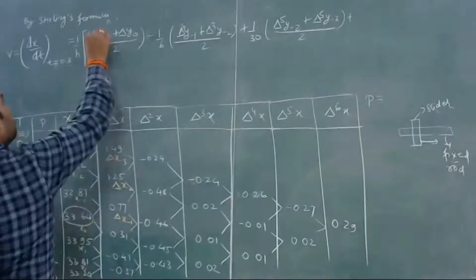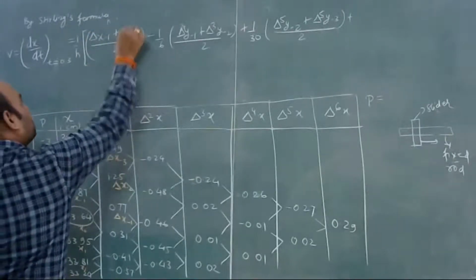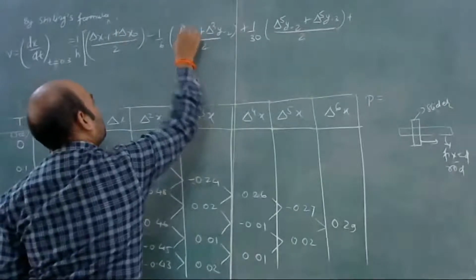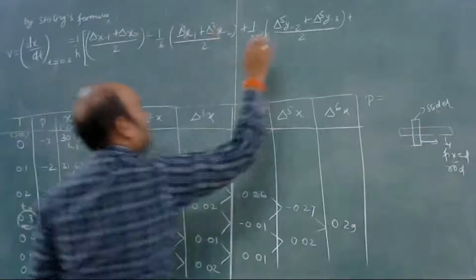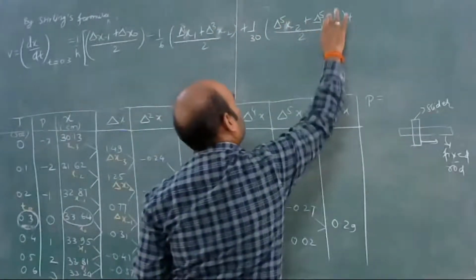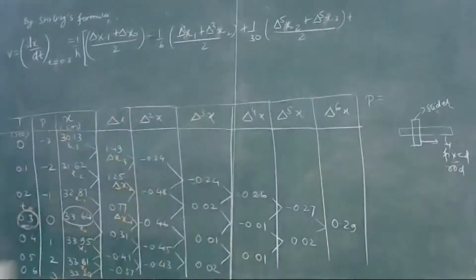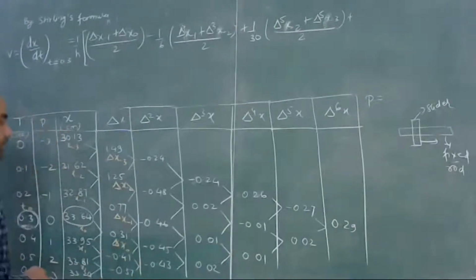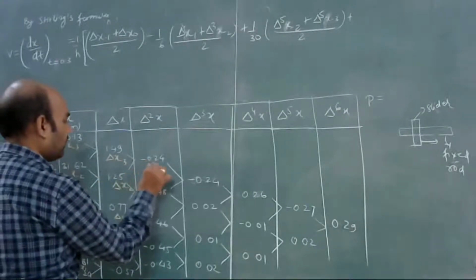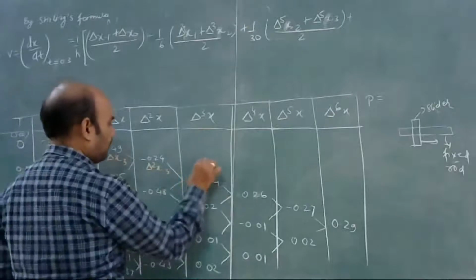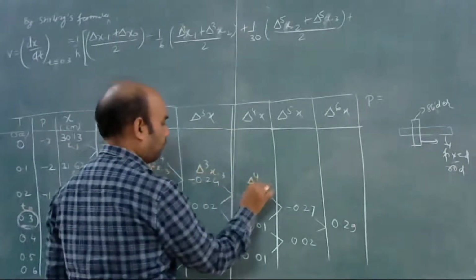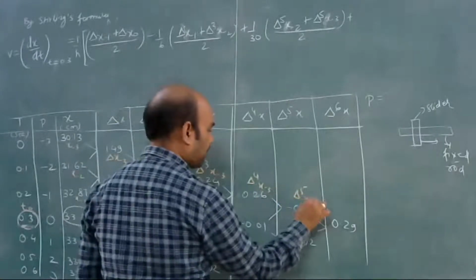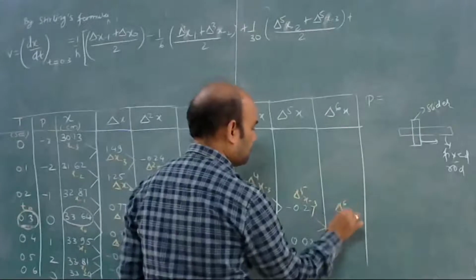Then we have del x0, del square x minus 3, del cube x minus 3, and so on up to del to the power 6 x minus 3.